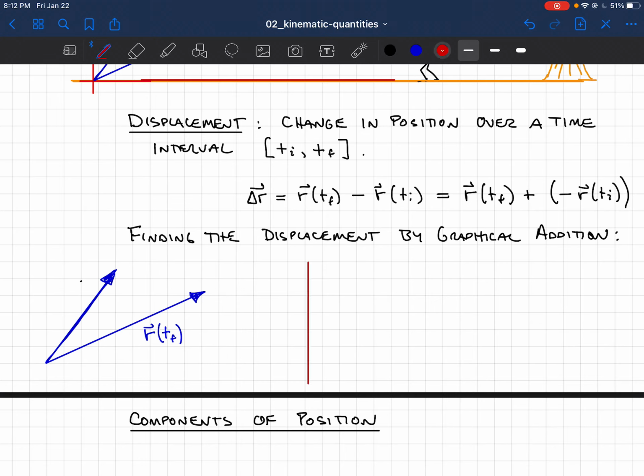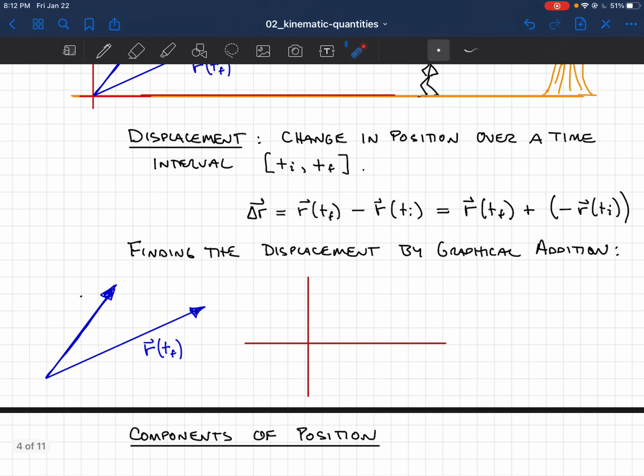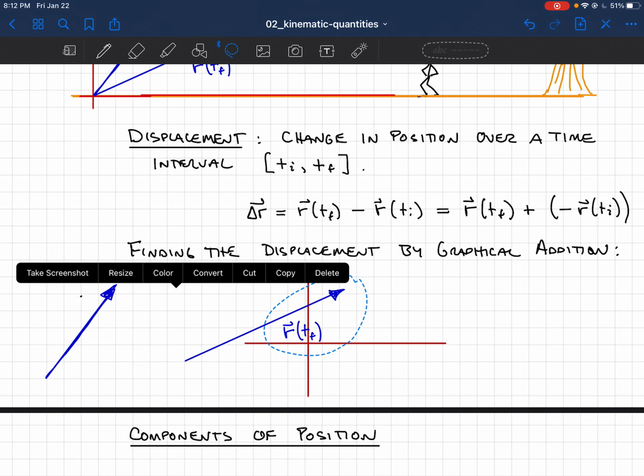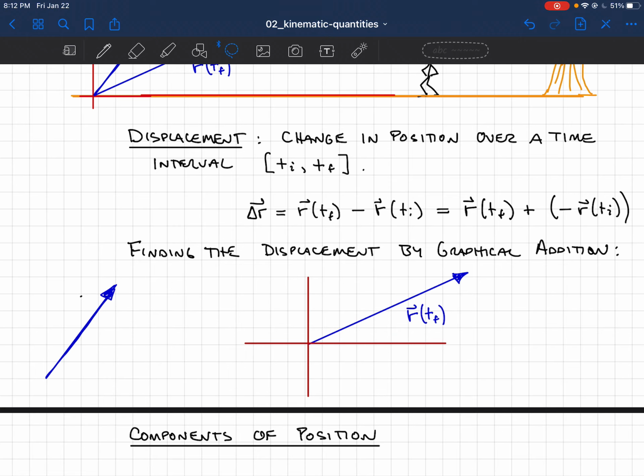So let's start with a coordinate system. I think I probably need a little bit more space here. And then from our equation, we see that we take r of t final first. And we'll place its tail at the origin.